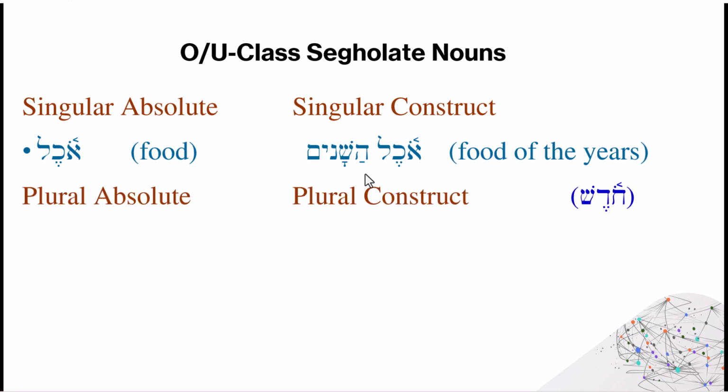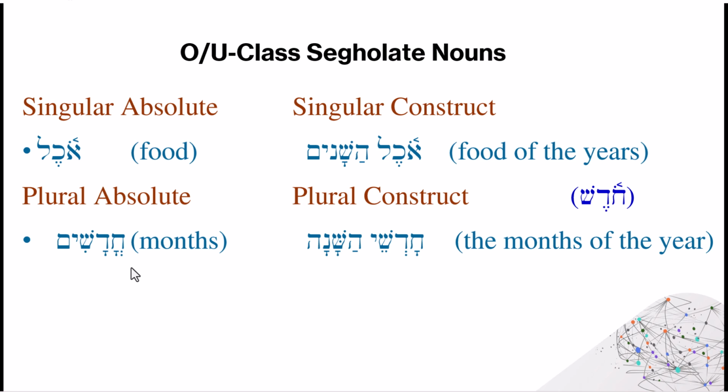If we look at the plural absolute, let's take a look at chodesh, which is month. And so we have chodashim. This is a typical pattern here. We have the reduction of the first vowel. We can't put a simple vocal schwa under a guttural, so it becomes a compound schwa, a hatef qamets, and then the second vowel lengthens, so we have chodashim.